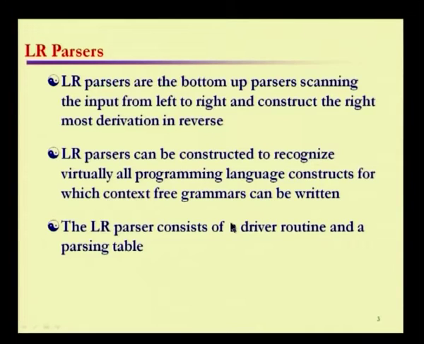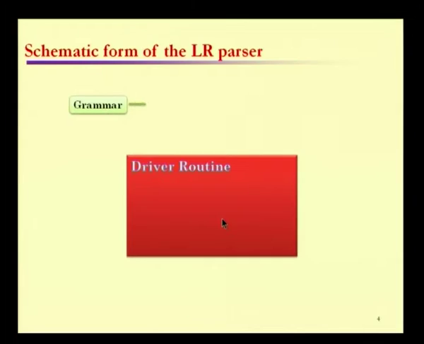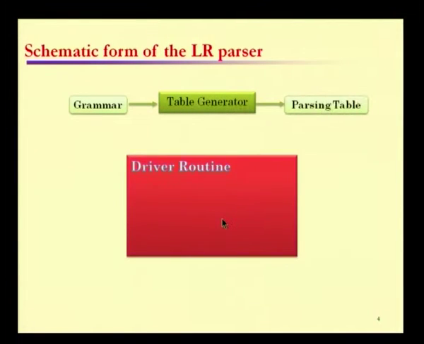So here is the structure of the LR parser. We have table generator software. It is a program, and what is given as input to the table generator is the grammar, and the table generator generates the parsing table. Soon we will be studying the structure of the parsing table, but later.